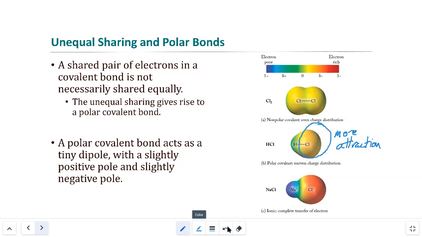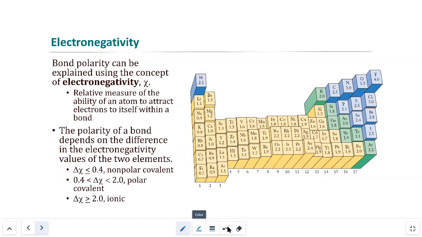Now, how do we know what kind of bond we're going to ultimately end up seeing? How even the sharing is going to be? That's where this concept of electronegativity comes in. Electronegativity can explain the idea of bond polarity by giving us basically a ranking system that says, okay, these atoms have the greatest affinity, the greatest attraction to electrons.